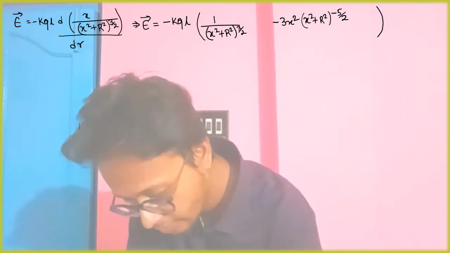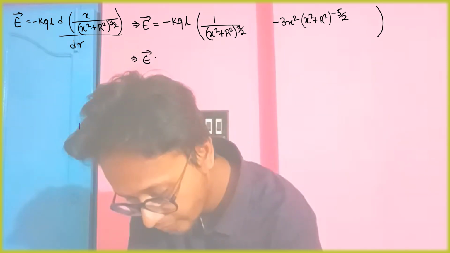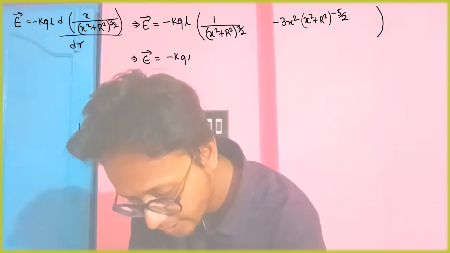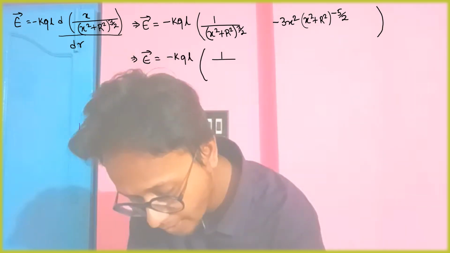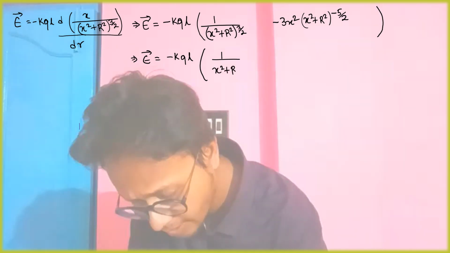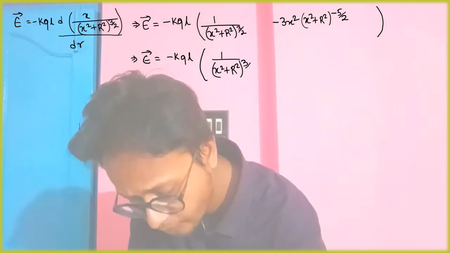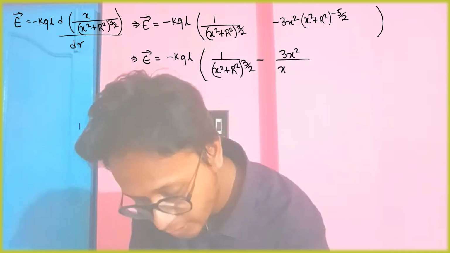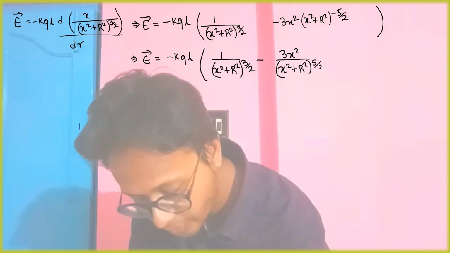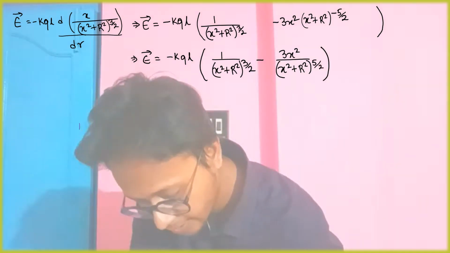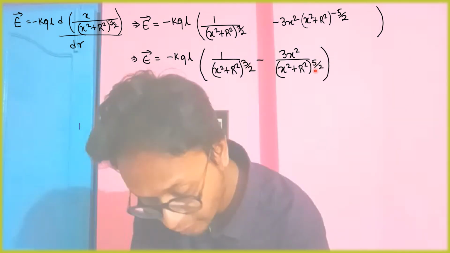Or if I write it neatly, electric field is equal to minus kql times [1 by (x square plus r square) to the power 3 by 2 minus 3x square by (x square plus r square) to the power 5 by 2], isn't it? Now in this term, this denominator and this denominator are different.